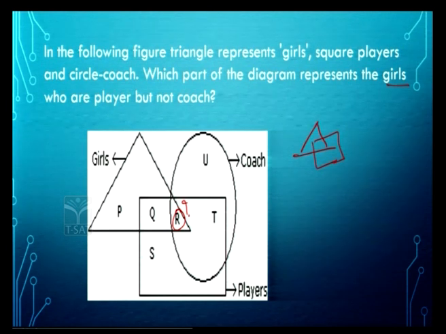What is Q? The girls who are players. What is S? They are players only. What is T? T is the players who are coach also. You have to identify each one like this. For this question, what is the answer? Q, meaning the girls who are players but not coach.